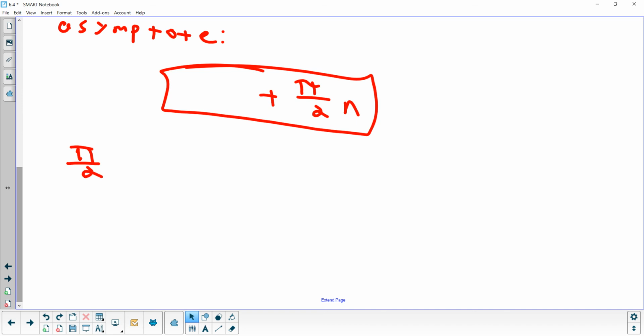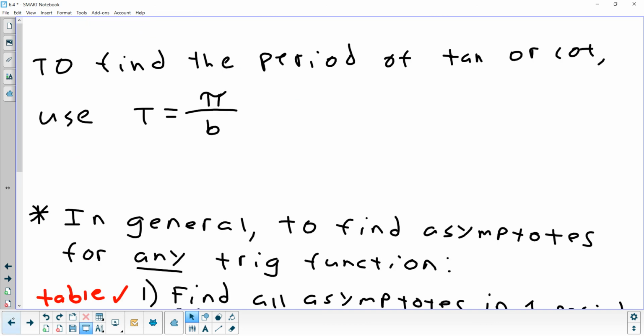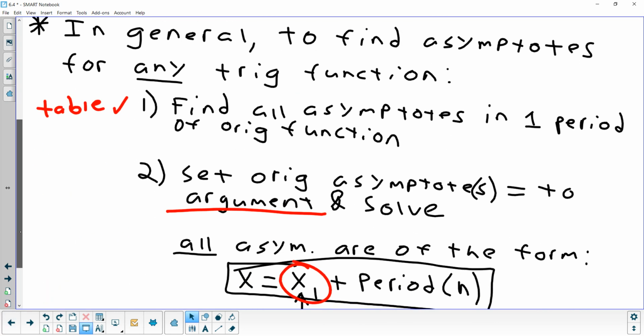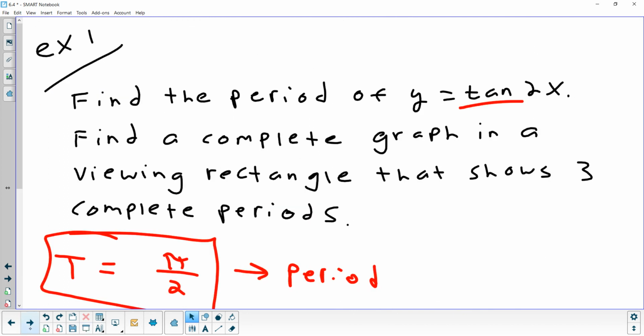So we're going to take pi over 2. It has nothing to do with this other pi over 2, just a coincidence. But so pi over 2 is the first asymptote that we hit in tangent. And the directions say, set that equal to the argument and solve. Here's your argument, 2x. Now think about what that 2 is going to do. It's a horizontal stretch.